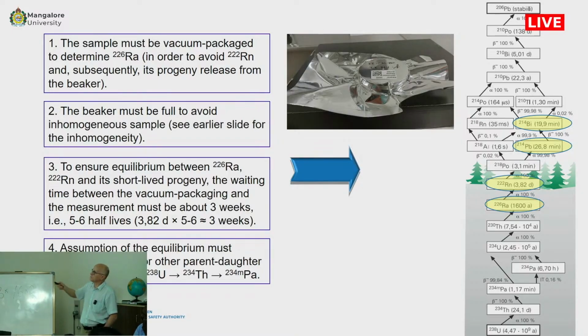But what we do is that at least the beaker must be full of sample to avoid inhomogeneity, and to ensure that there is equilibrium between radium and its daughters, we have to wait 3 weeks.